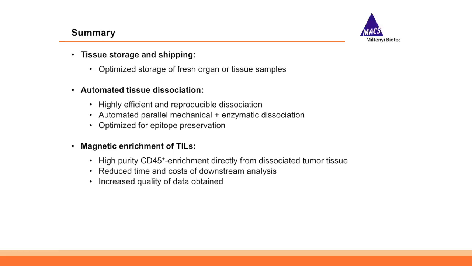Automated tissue dissociation that allows highly efficient and reproducible dissociation with automated parallel mechanical and enzymatic dissociation that was optimized for epitope preservation, and a strategy for magnetic enrichment of tumor-infiltrating leukocytes, which allow enrichment of CD45 positive cells directly from the dissociated tumor tissue. This allows reduced time and cost of downstream analysis and greatly increases the quality of the data obtained.